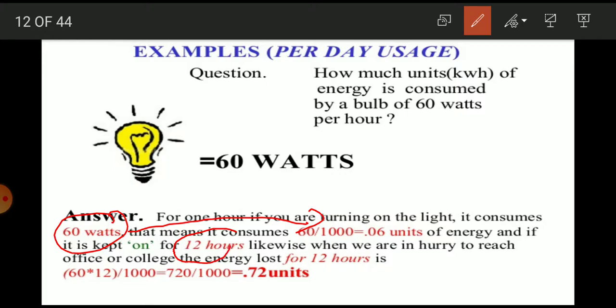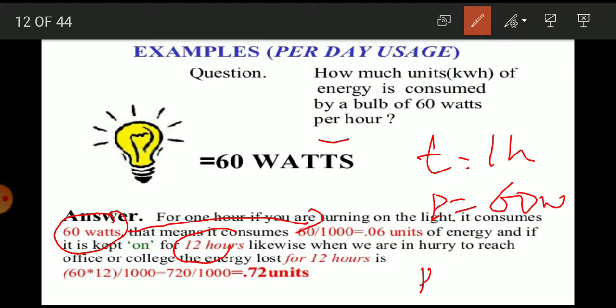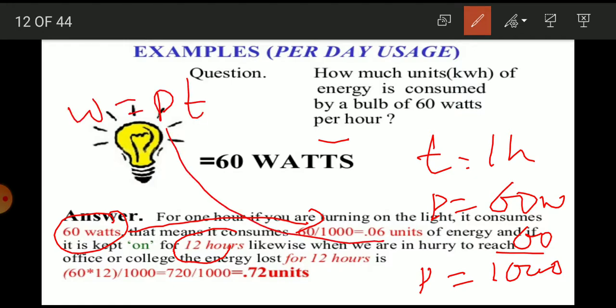Time is 1 hour, power is 60 watt. To convert watt into kilowatt, you will divide it by 1000. So you will write work is equal to power into time. You have the power, you have the time, do it.